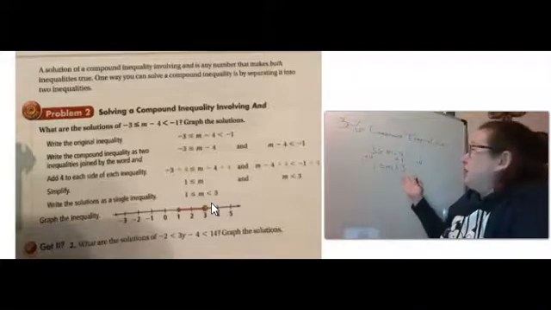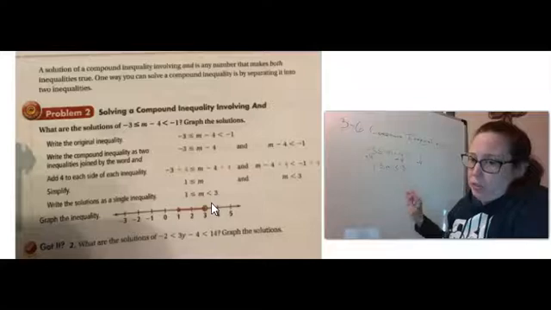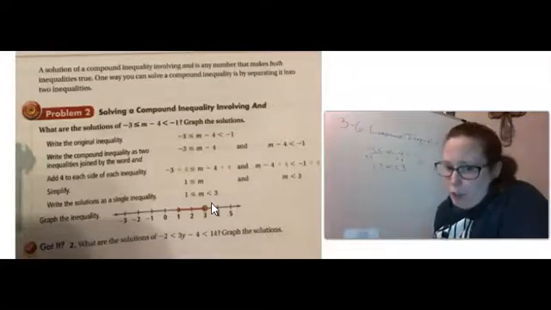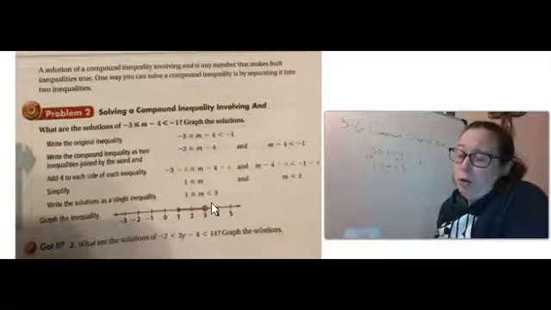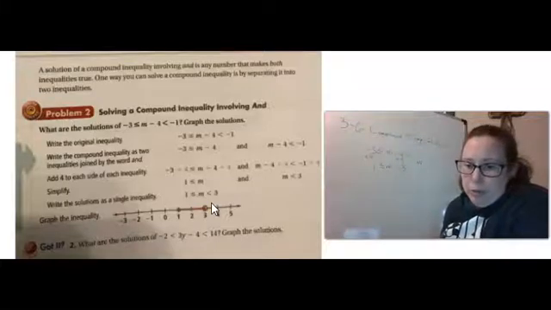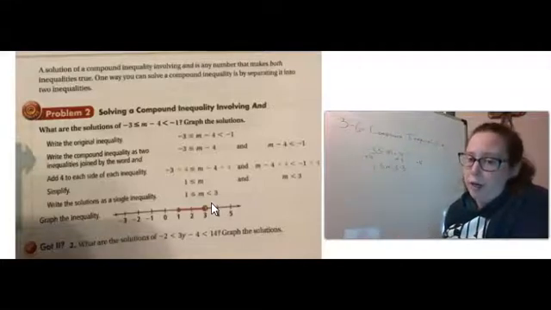So notice that's the same exact inequality that they got in your book when they combined them. I find this to be easier when you keep them together. You just have to remember, if you do something, do it to all of the sections of your inequality. Also, remember back to when we saw these, pretty much everything is the same as if there was an equal sign in there. The difference would be if you multiply or divide by a negative number, you're going to have to flip all of your inequalities around.